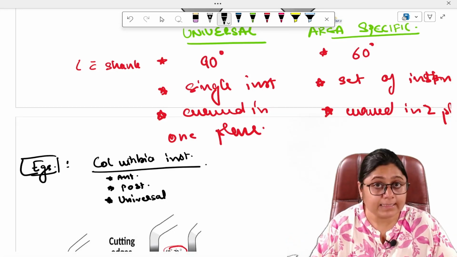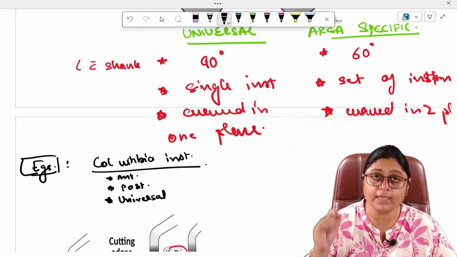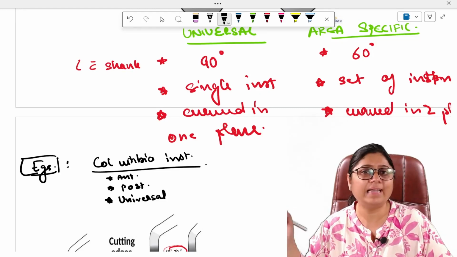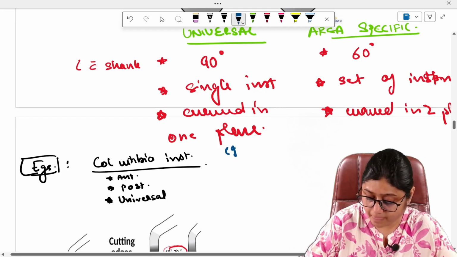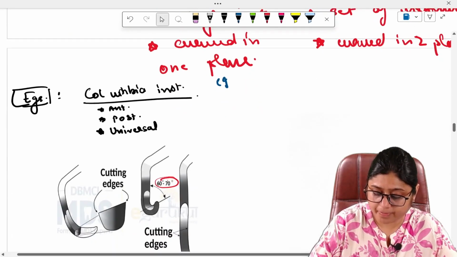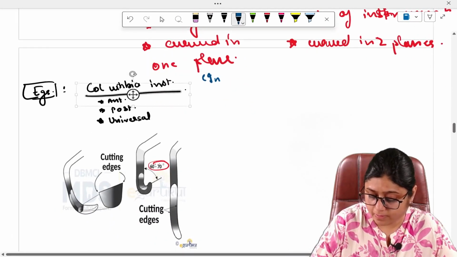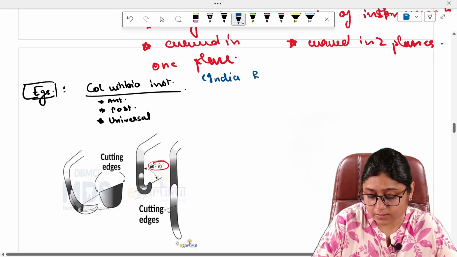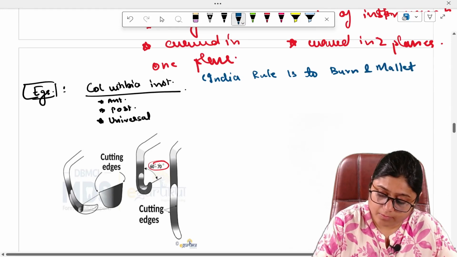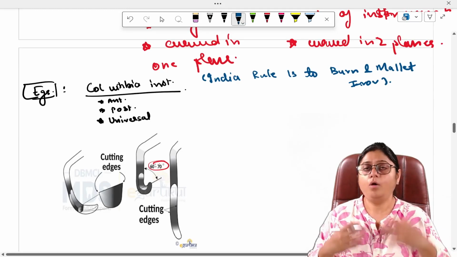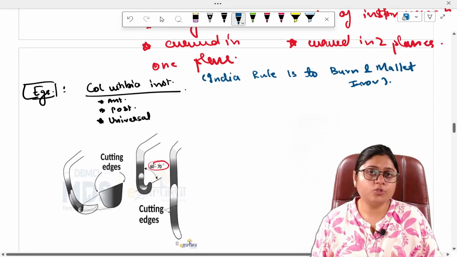To remember the other examples, you have to remember one mnemonic, which is: Indian rule is to burn and mallet iron. Okay. So here, which other instruments do you need to remember?